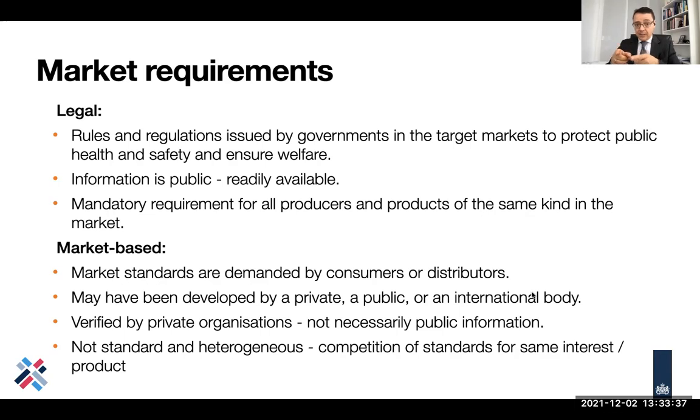But your buyer in Germany is going to look at your organic certificate and see whether it's compliant with the German laws or not, whether it's up to the standard that they have in place or not, etc. Right? So these are private verification, and because they're private, they're not necessarily as transparent as public sector requirements, just because, again, information may not be available because it's a private arrangement.